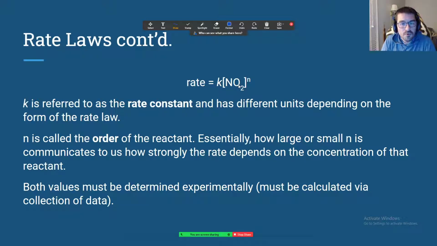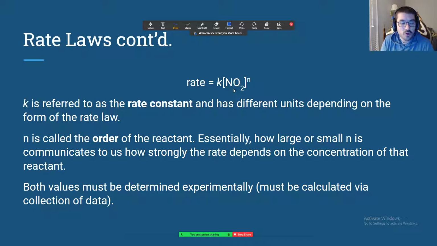Now, I don't want to say most, but for a lot of reactions, the speed or the rate of the reaction does depend on the concentration of the reactant or reactants. Not every reaction depends on the concentration of the reactants, but a lot of them do.